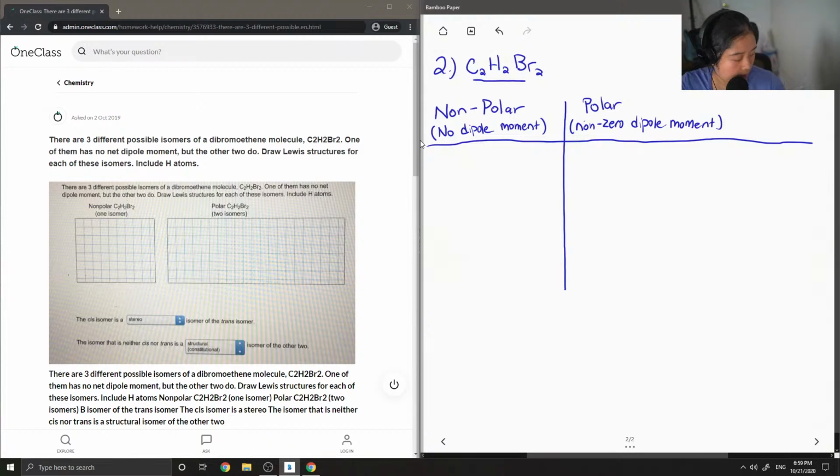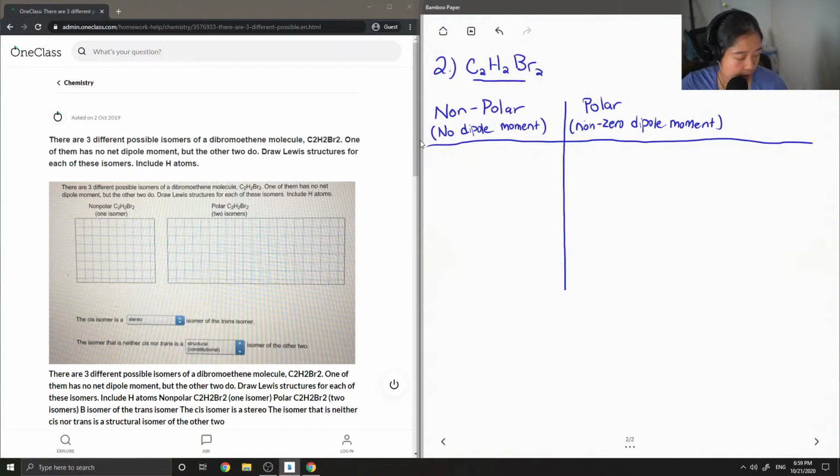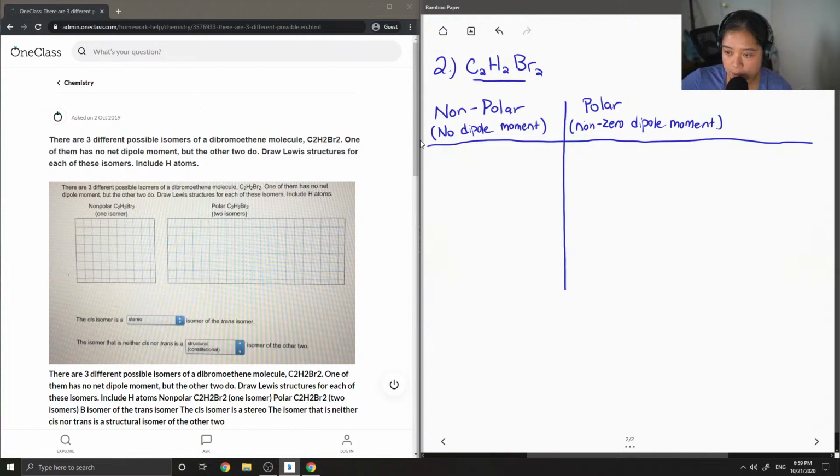Okay, so for C2H2Br2, I'm going to write down the molecule for the nonpolar isomer. So this contains a double bond, and it contains 2 bromines and 2 hydrogens.